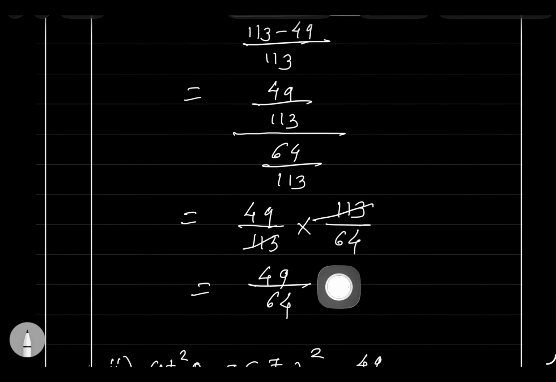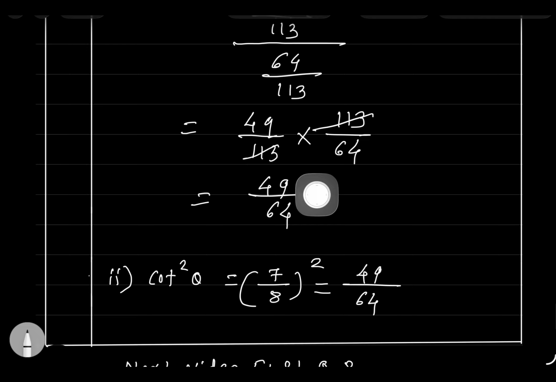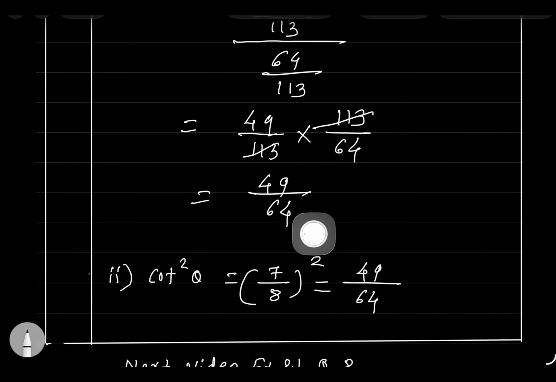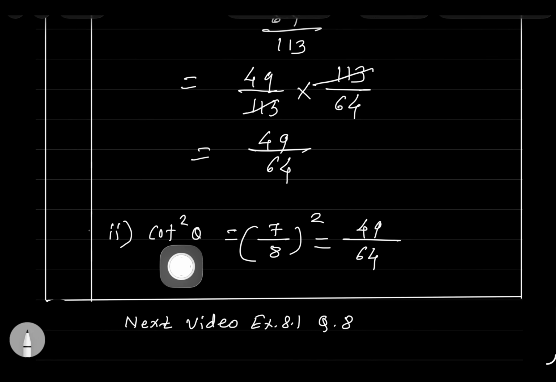So whatever expression they asked to evaluate, that value is 49 upon 64. The second was cot square theta, which is already given in the question as 7 upon 8, squared, so 49 upon 64.